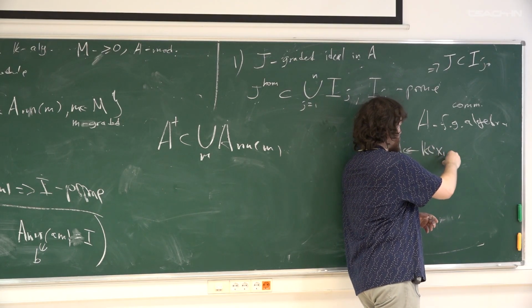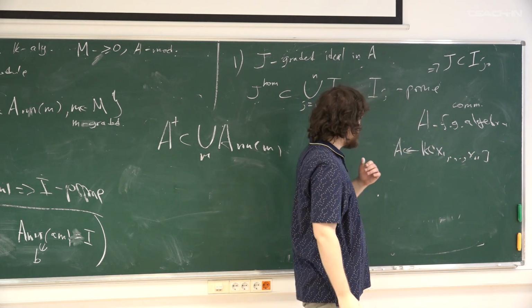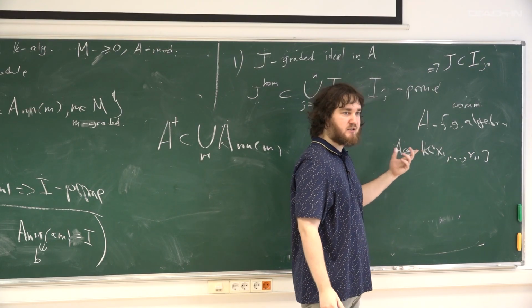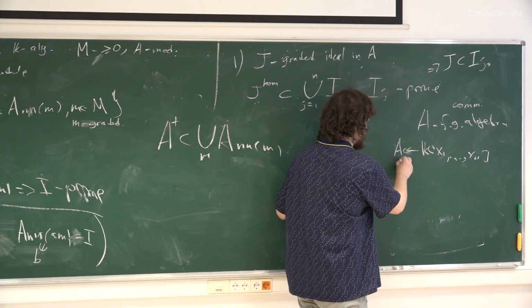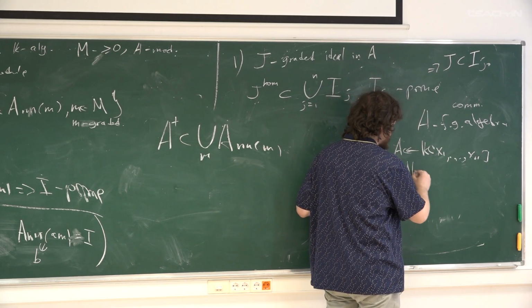And this means that it's a Noetherian ring, because it's a quotient of a Noetherian ring. It's important here that our ring is Noetherian.